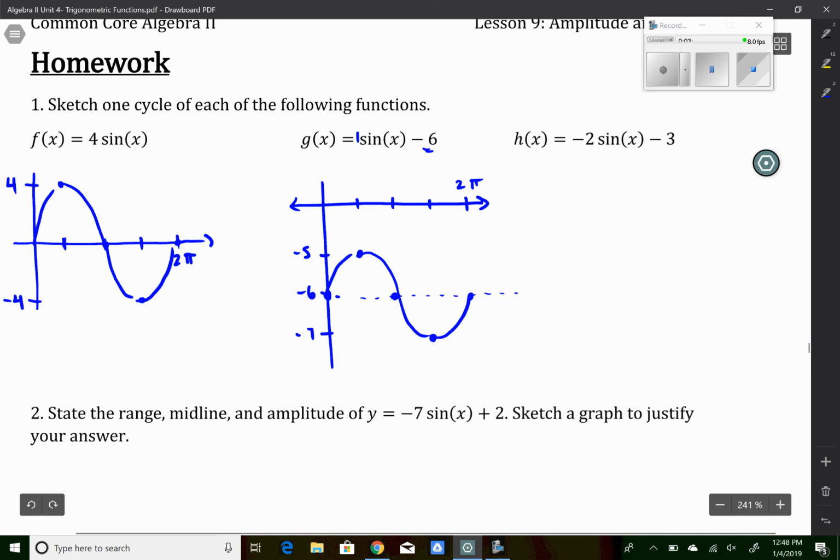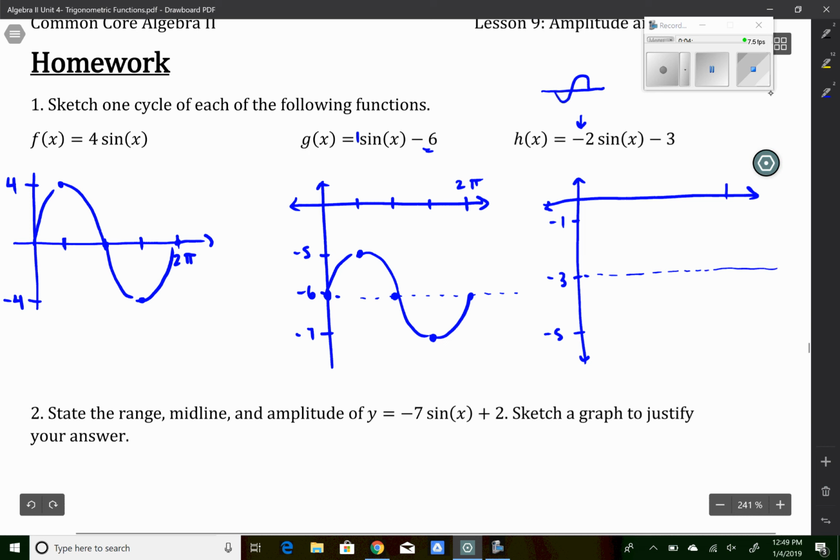For the last one, it has an amplitude of 2, and it's negative, meaning this is going to be an upside down sine curve, so it's going to look something like that. And it has a midline of -3. Again, we want to exaggerate what we have here. If my midline is -3, and I go up 2 and down 2 from that, the highest point on this graph is going to be -1, and the lowest point is going to be -5.